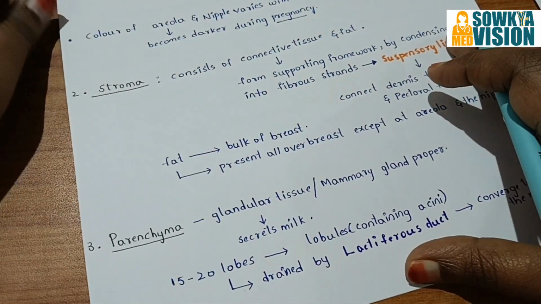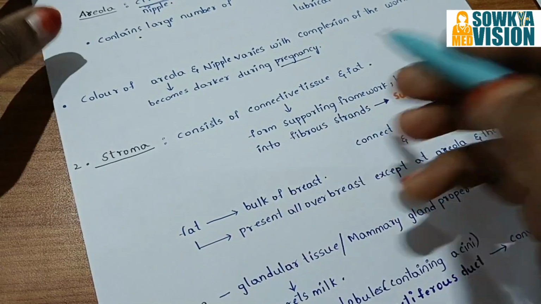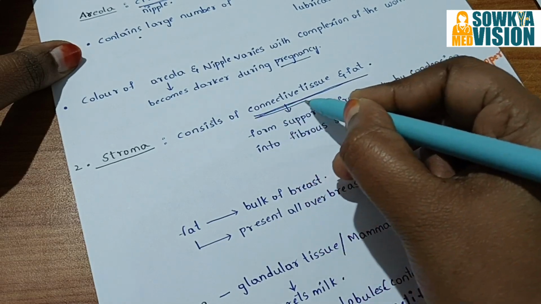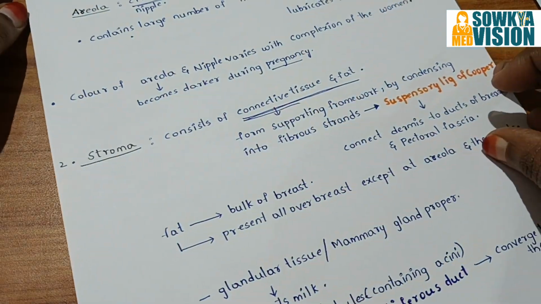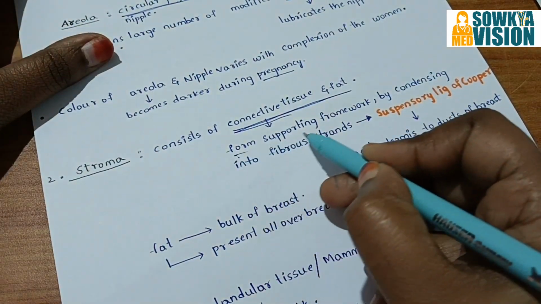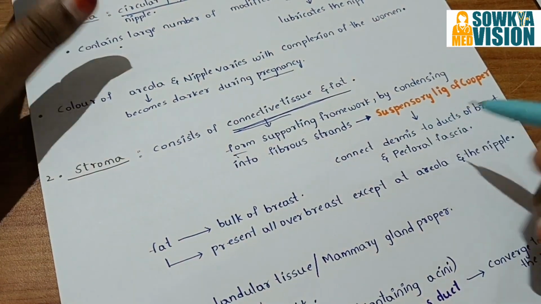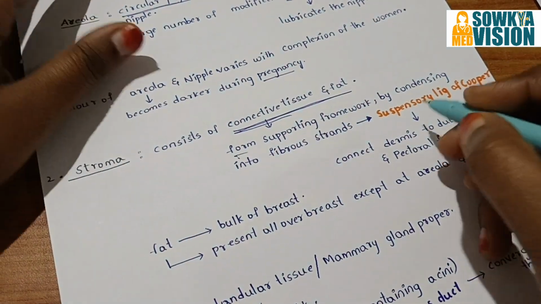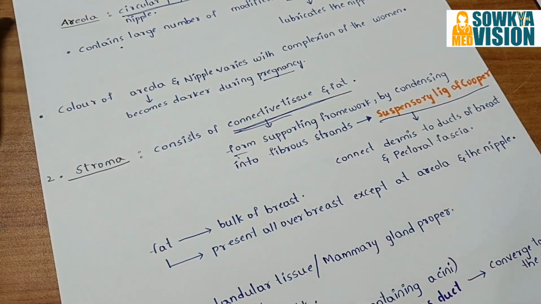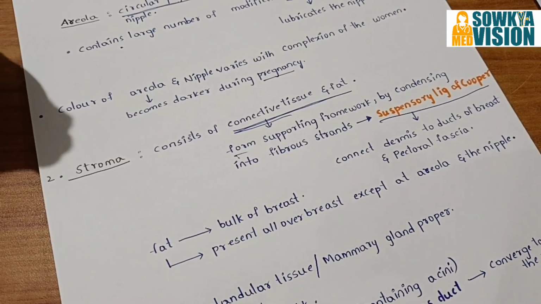Let's see stroma. We have completed skin. Stroma consists mainly of connective tissue and fat. The connective tissue forms the supporting framework by forming fibrous strands known as the suspensory ligaments of Cooper, formed by condensation of connective tissue.